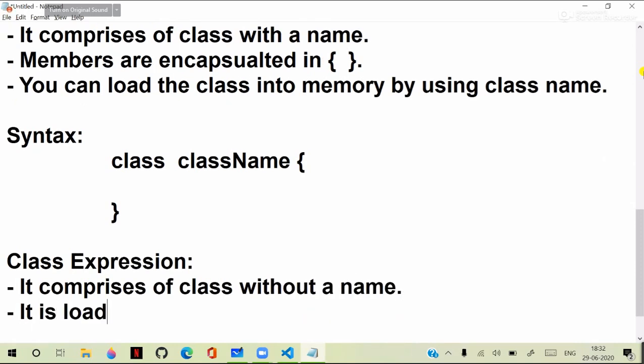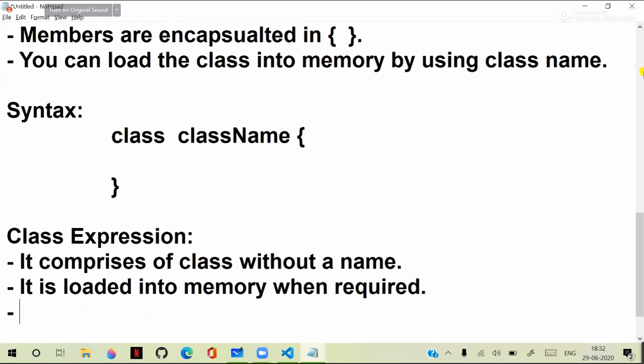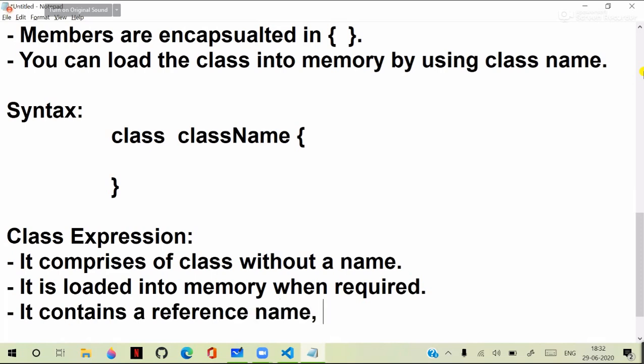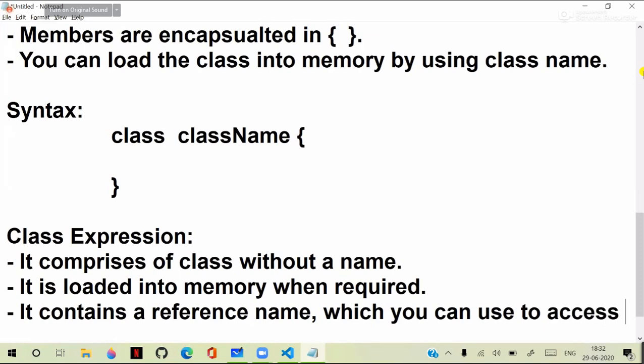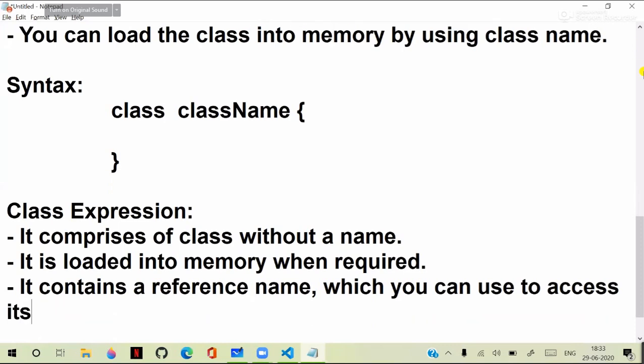It is loaded into memory when required. It contains a reference name which you can use to access its members. So technically it will not directly have a name, it will have a reference name.